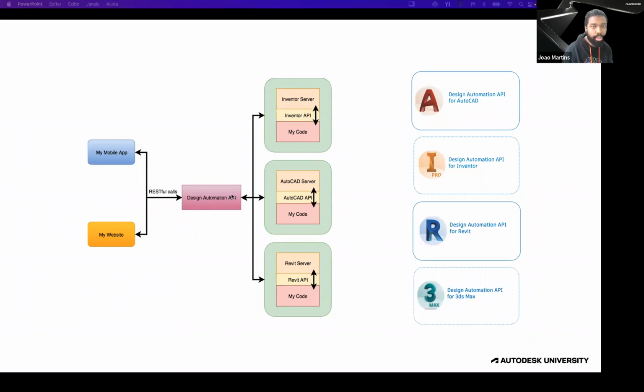But we're not going to directly use the API of one specific product through Design Automation. That is done through the app bundle. All right. And another key concept is that this service can be used by any app, from a website, desktop application, or a mobile app, right?